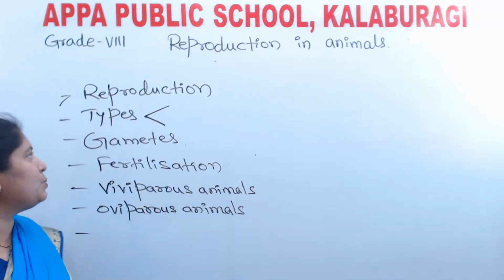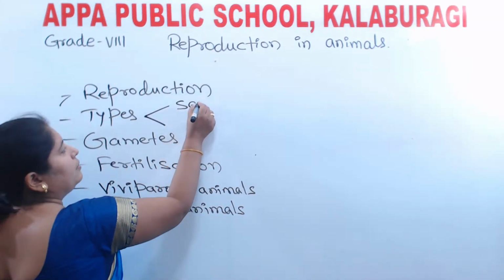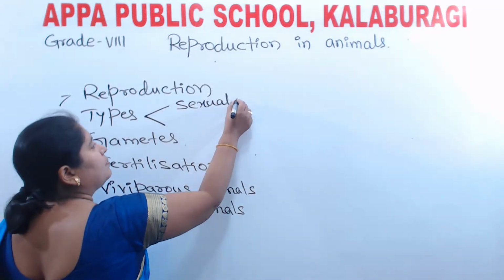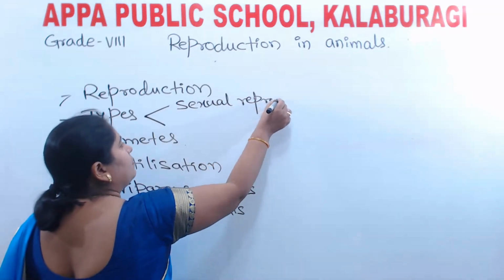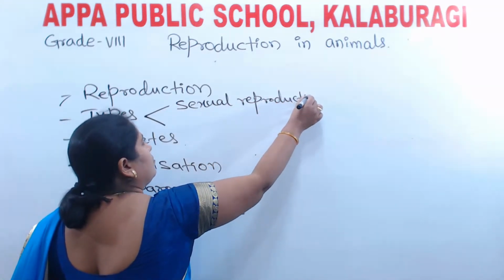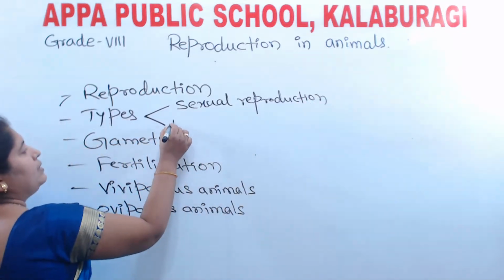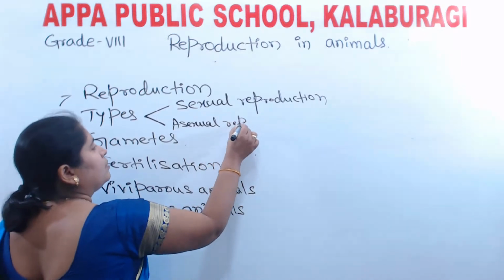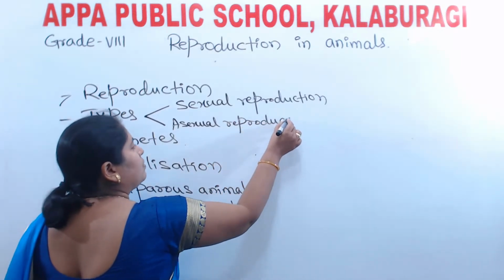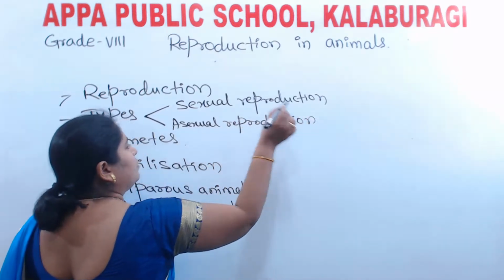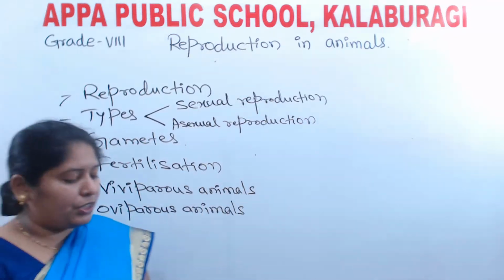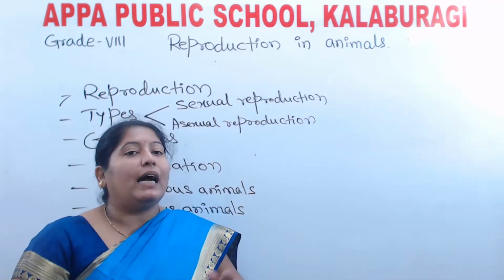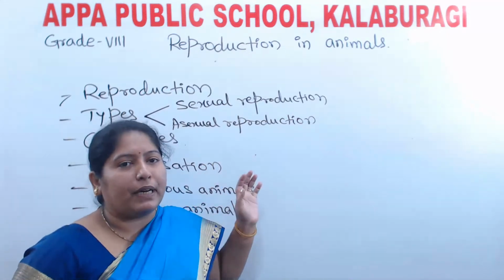The first one is sexual reproduction. The second one is asexual reproduction.